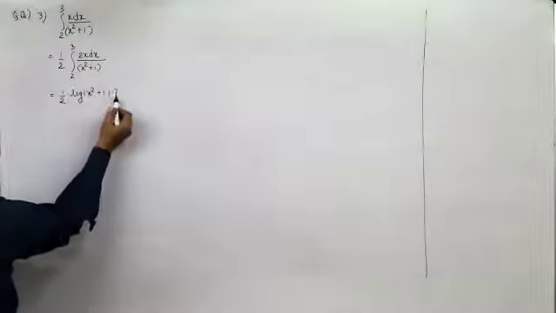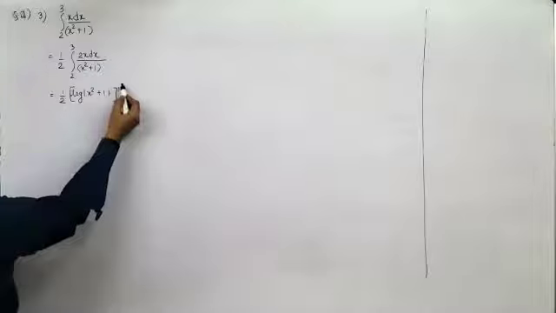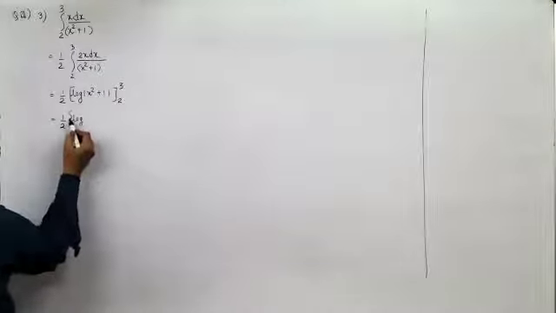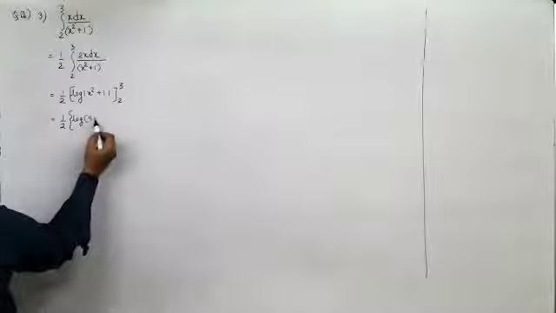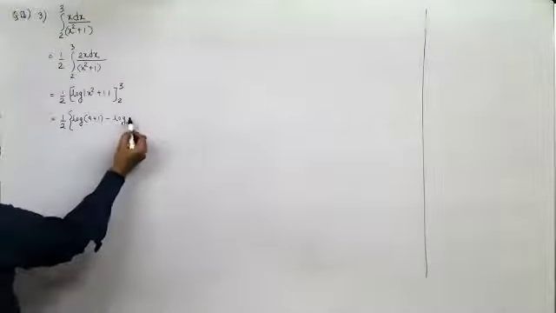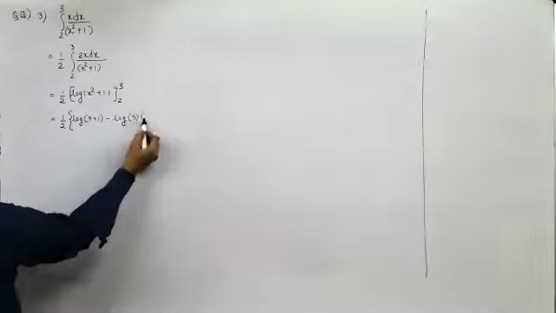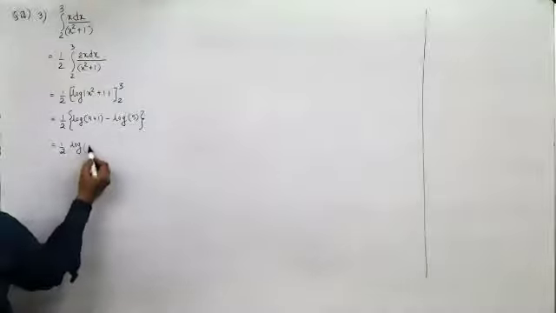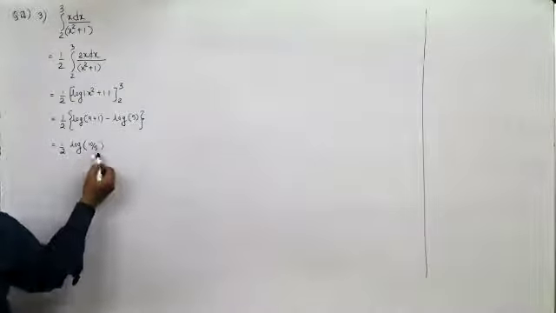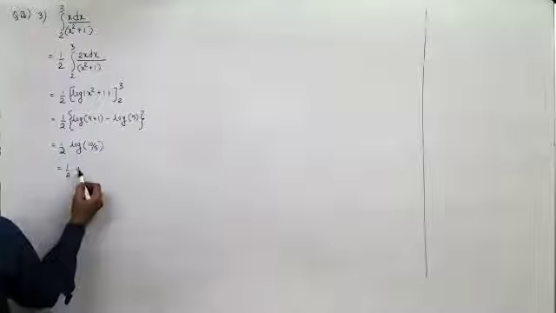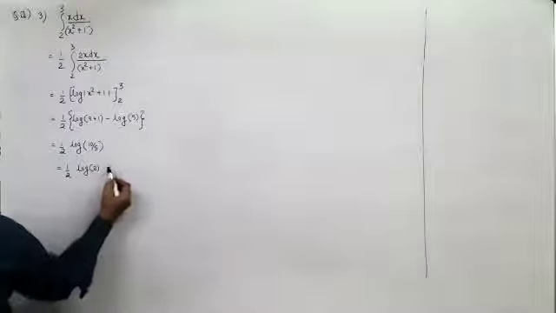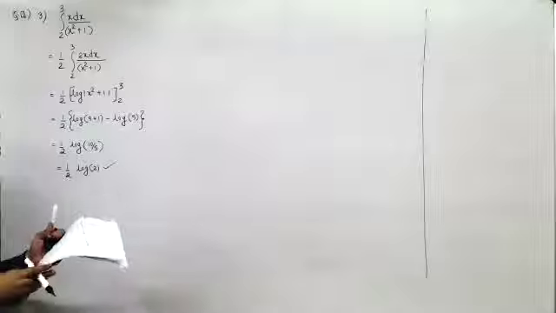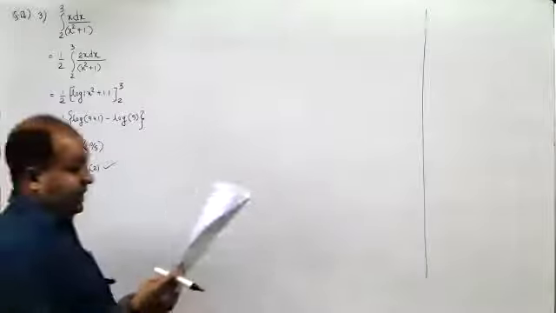Between 2 and 3, half of log of 3 square, 9 plus 1, minus log of 2 square, 4 plus 1. So this would be half log of 10 upon 5, that is 2. So this answer is correct. The remaining 3 are based on property, so I'll move on.